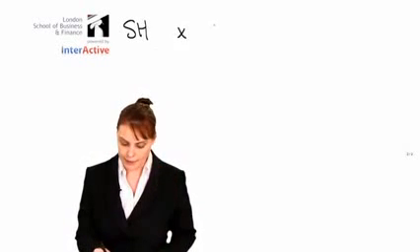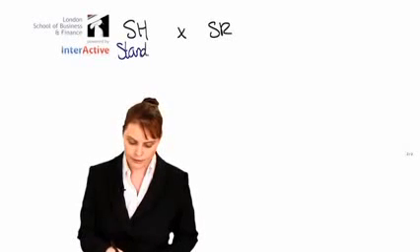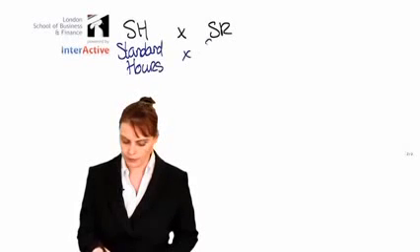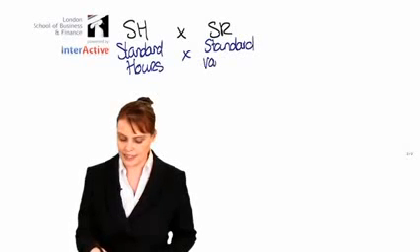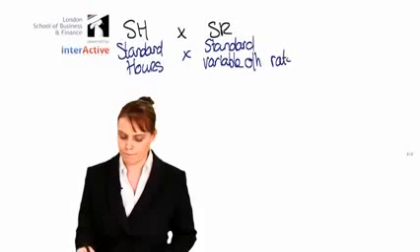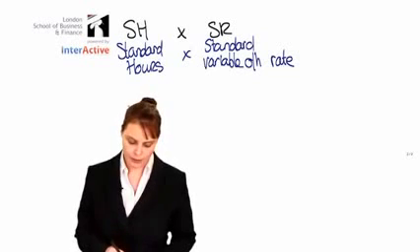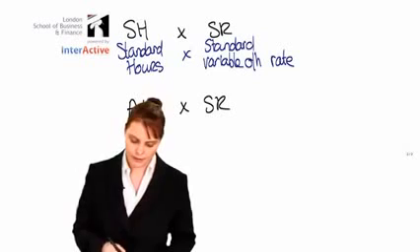Again, we will begin by looking at our standard hours at the standard rate. But this time, our standard rate will be our standard variable overhead rate. And we will compare that to our actual hours at the standard rate.